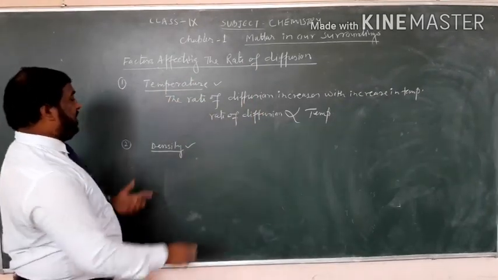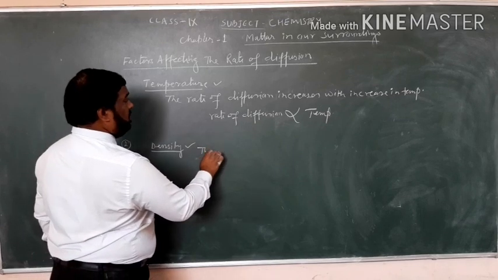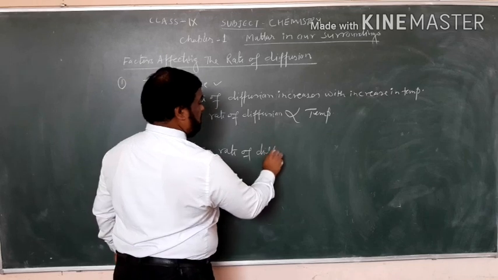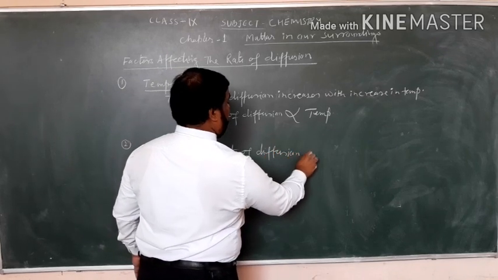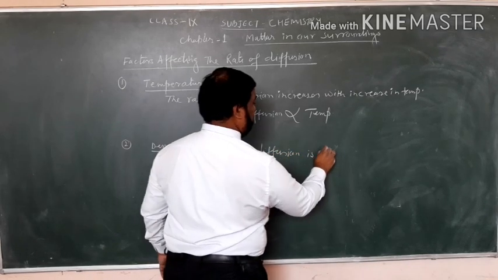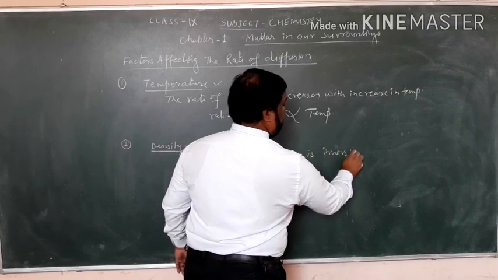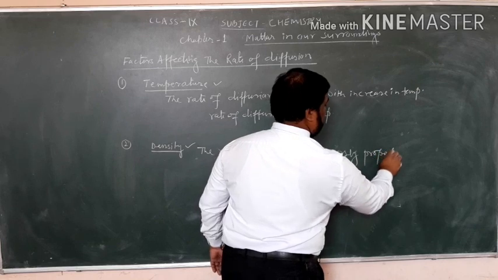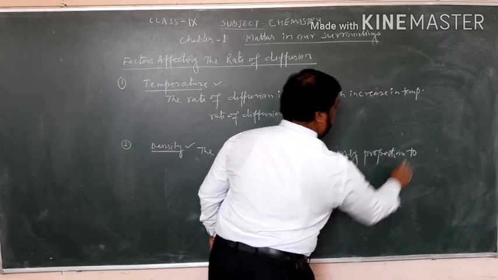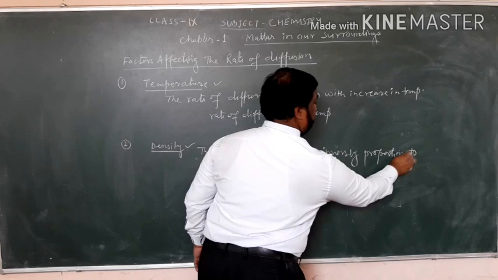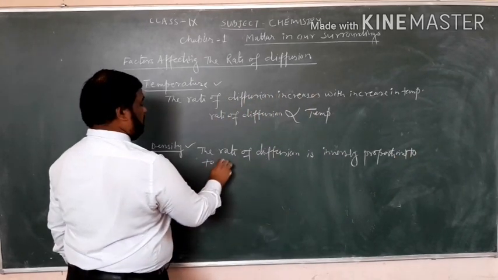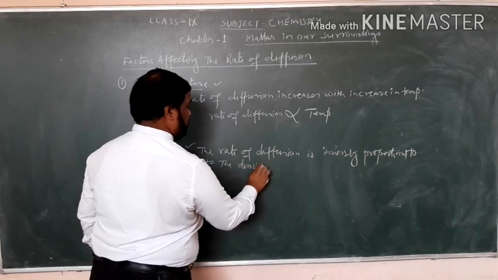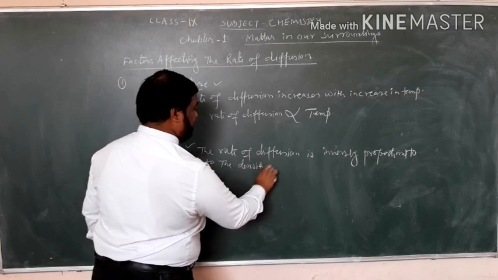Second is density. The rate of diffusion is inversely proportional to the density.